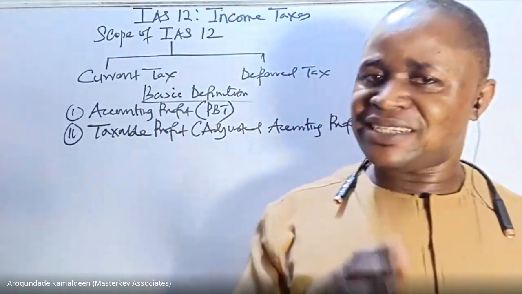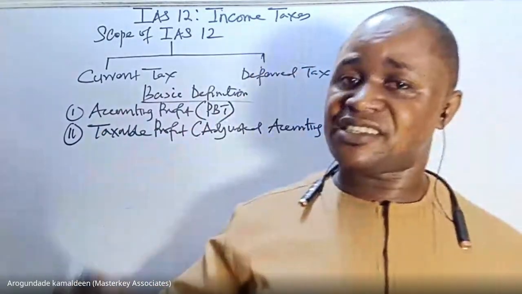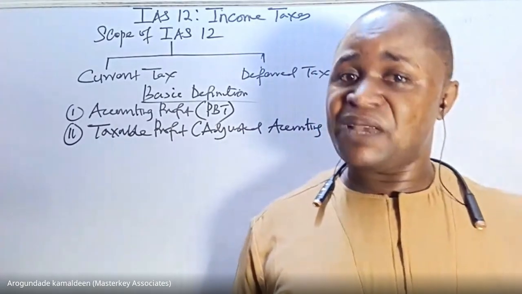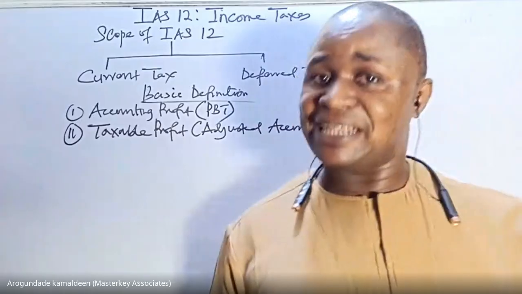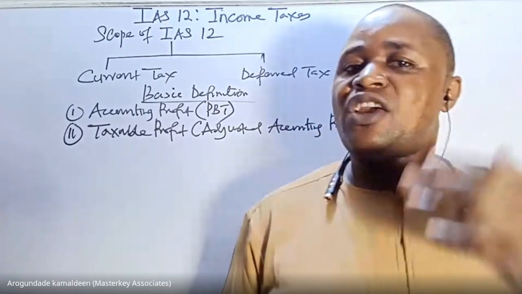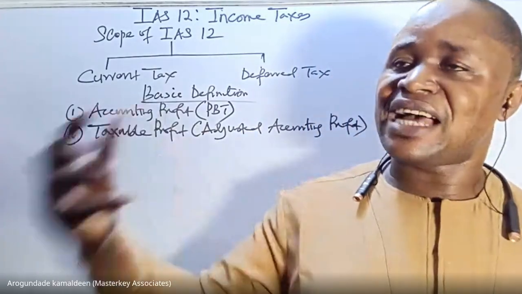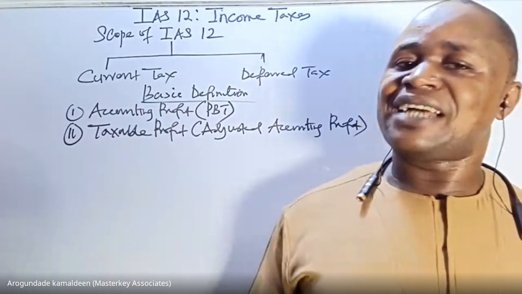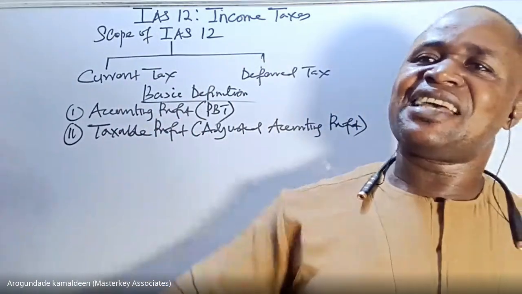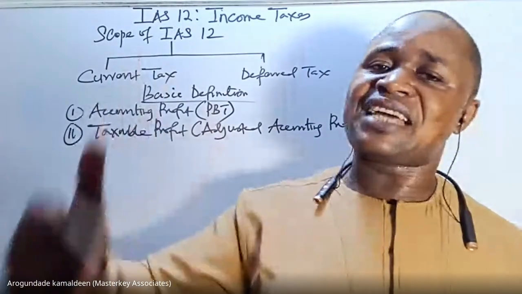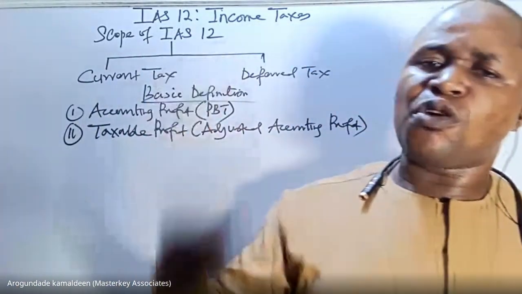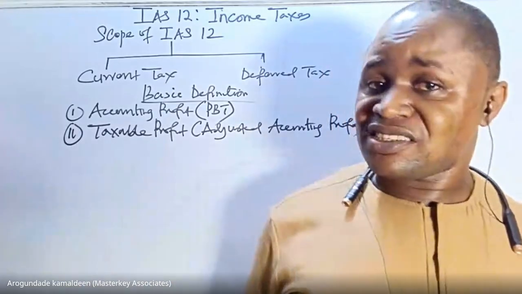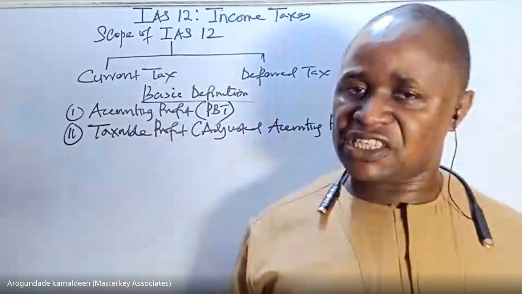provisions. Remember that some items of expenses that the company has deducted as expense might not be allowed by the tax, right? While some incomes that you have considered as a company might not be allowed by the tax. So the taxable profit is the profit that is calculated in line with the provisions of the tax law, or you may call it an adjusted accounting profit.